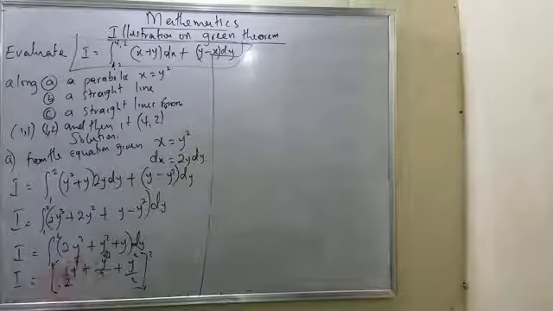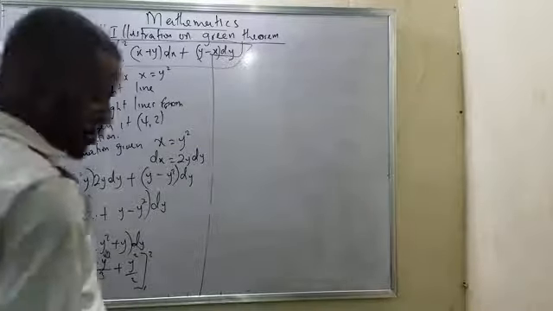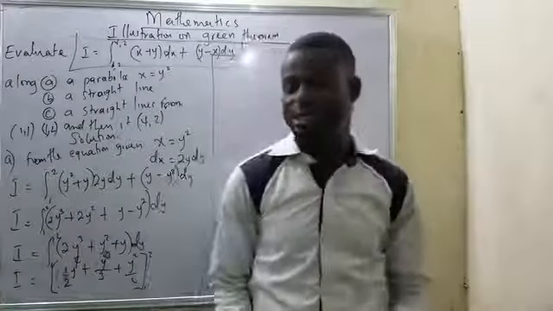Now, since I have it this way, I can run towards my upper limit and my lower limit. Upper limit minus lower limit, that is the definite integral.